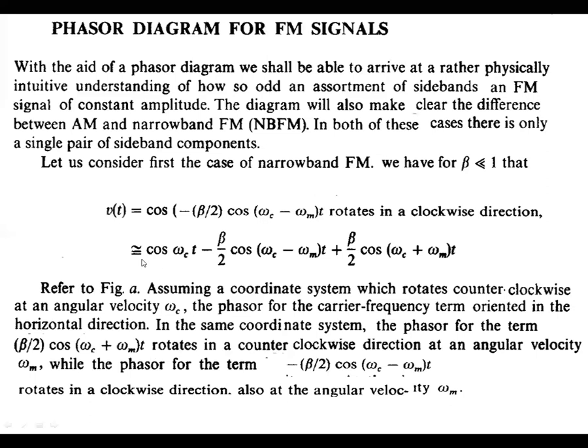In this approximate equation, three terms are reflected: one is the carrier term cos omega ct, another is omega c minus omega m of t, the lower sideband, and omega c plus omega m of t, the upper sideband. The magnitudes of the upper sideband and lower sideband are beta by 2.